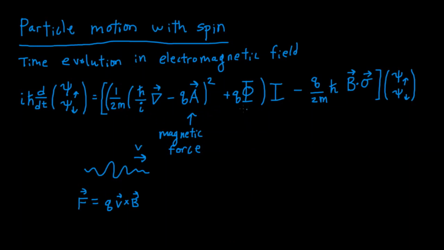And so this whole term here is responsible for the magnetic force. And this is responsible for the electric force, Q times the electric field E. So in general, this is obviously an extremely complicated expression.